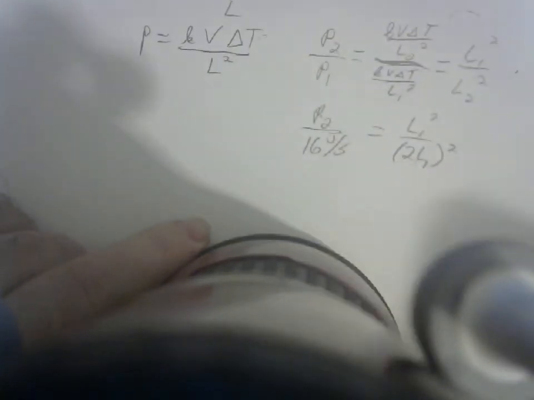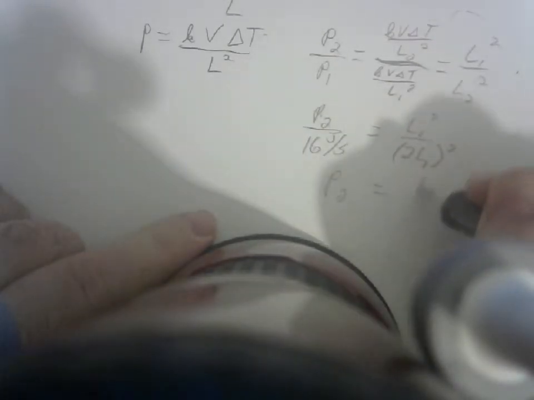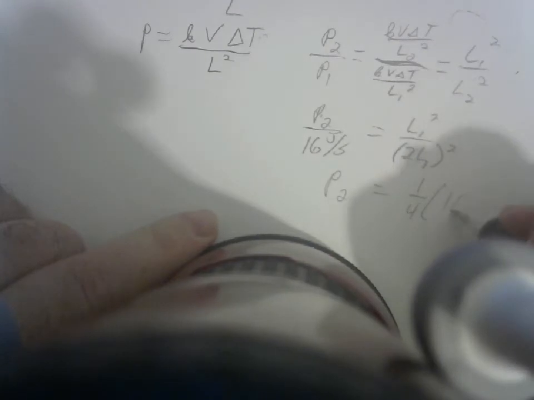So if we know P1 was 16 joules per second, L1 squared over L2 squared, and L2 is 2 L1, then we know that P2 is going to be 1 fourth times 16 joules per second, which is 4 joules per second.